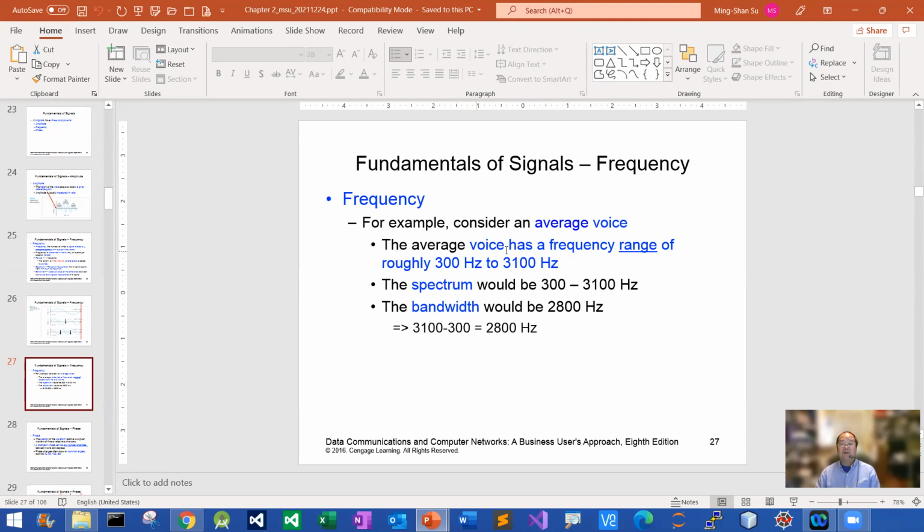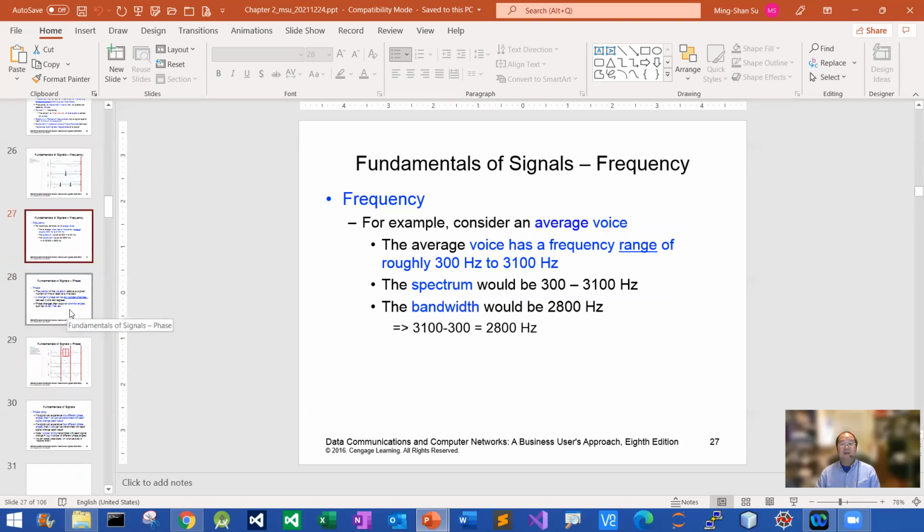The average voice has a frequency range from roughly 300 cycles per second to 3100 cycles per second, or hertz. In that case, the spectrum will be between 300 to 3100 hertz, and the bandwidth will be the difference between the lowest value and the highest value, 3100 minus 300, which is 2800 hertz. So that will be the bandwidth.